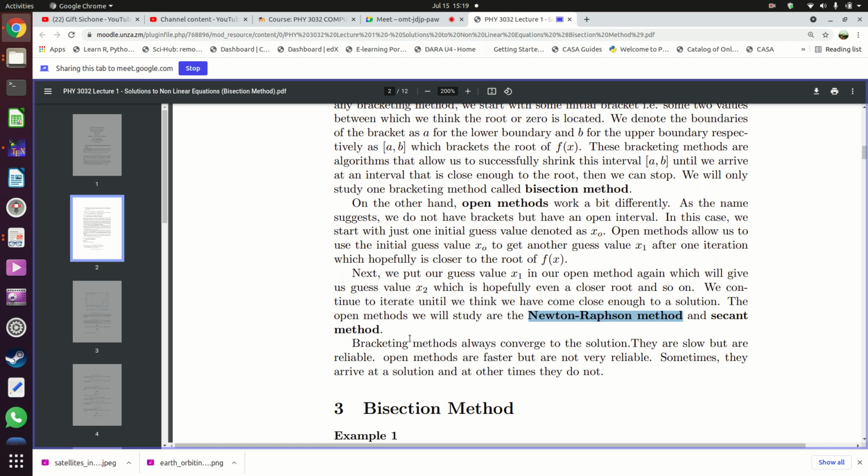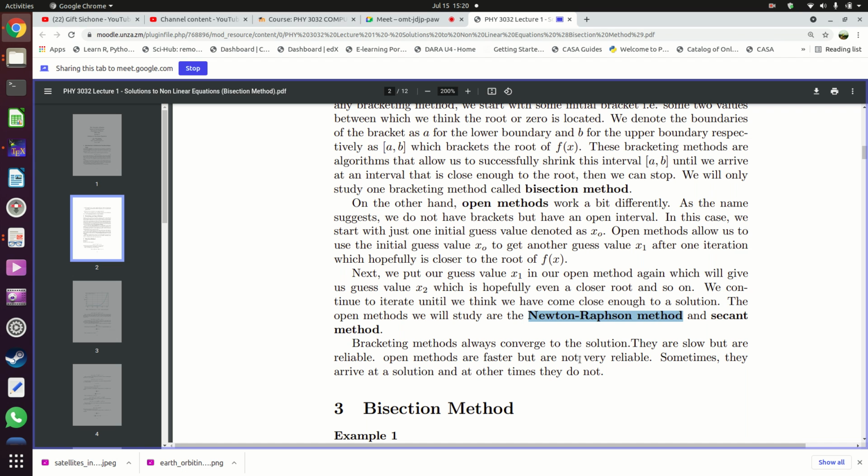So for a bracketing method, because you keep on shrinking the bracket bit by bit, usually they tend to be slow. So bracketing methods are a bit slower. However, because computers have become faster and faster, I don't think you're going to notice the slowness really.